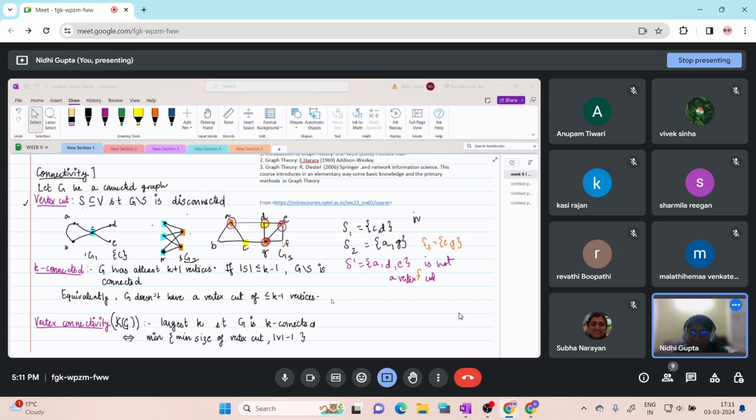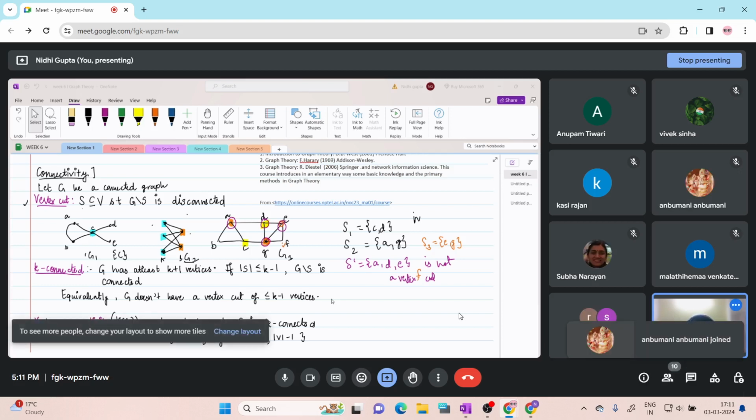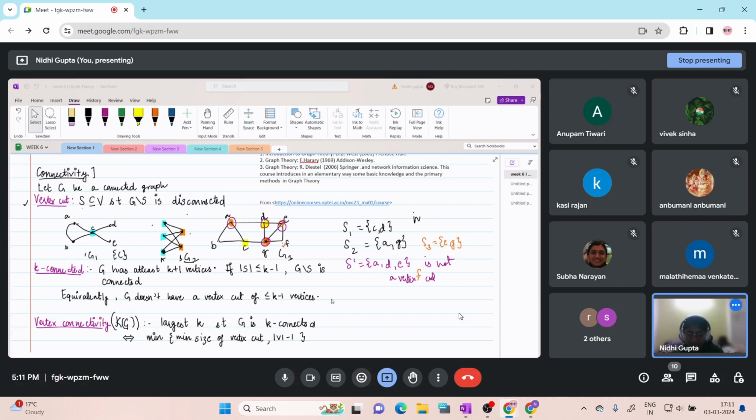Or equivalently, G does not have a vertex cut of size less than or equal to k minus 1. So if G is k connected, then if you remove any set of vertices which has fewer than k vertices, the graph should remain connected.